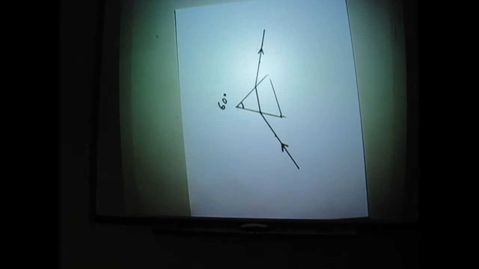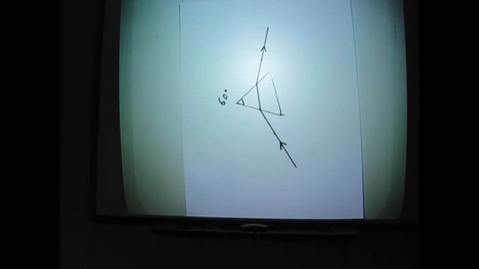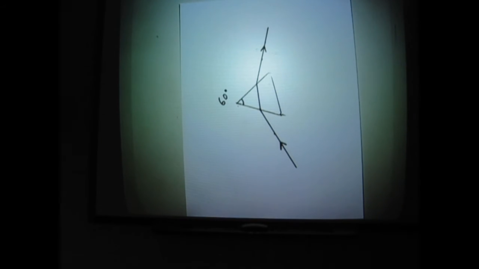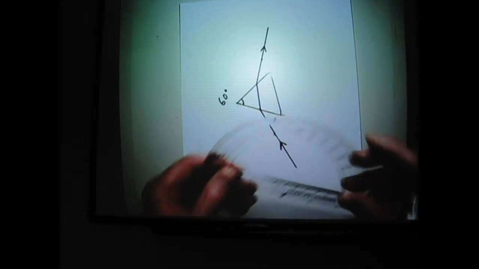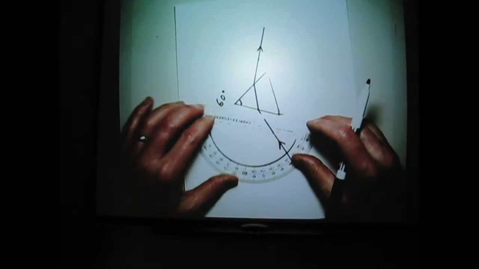Now what we want to do is measure the angle of incidence and the angle of refraction at each face, right? At the first face, which is right here, and the second face right here. Okay, so before we do that, we need to draw in a line that's perpendicular to the face, because remember, all the angles are always measured perpendicular to the face. Let me do that right here.